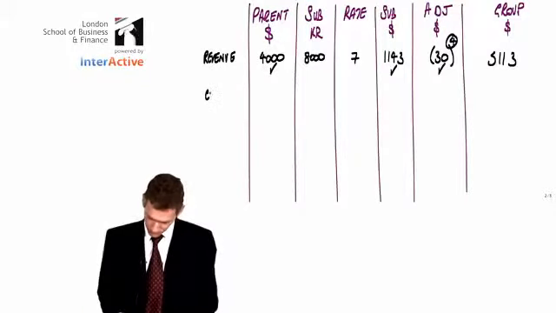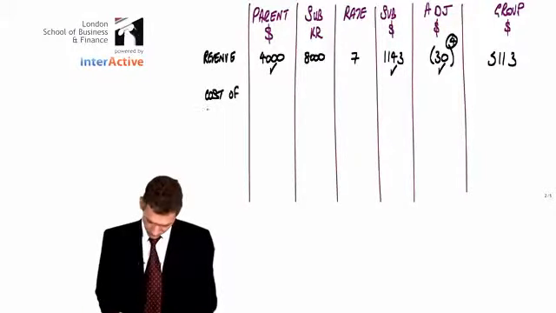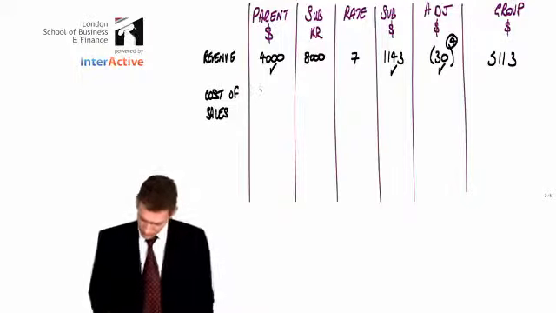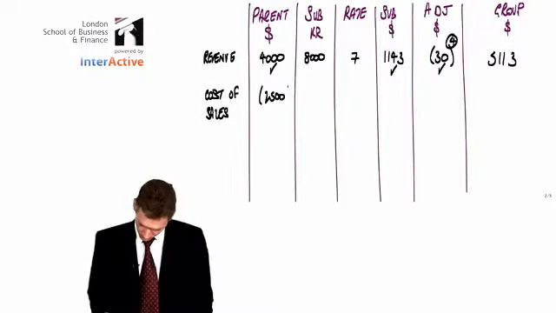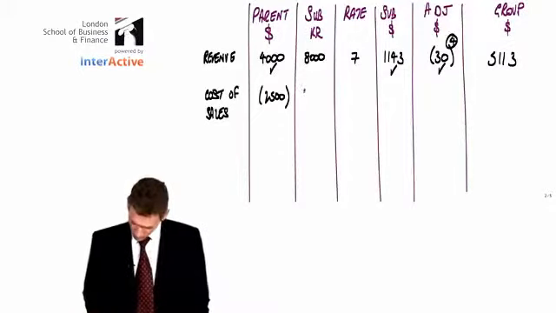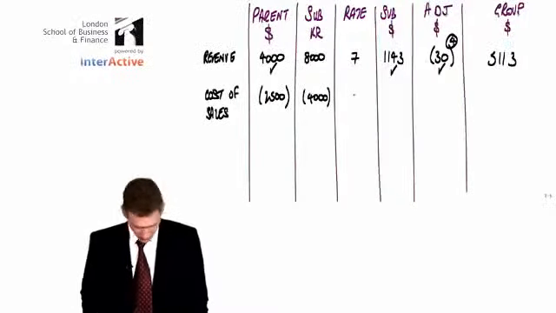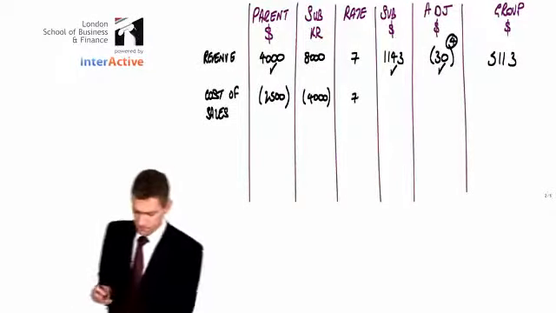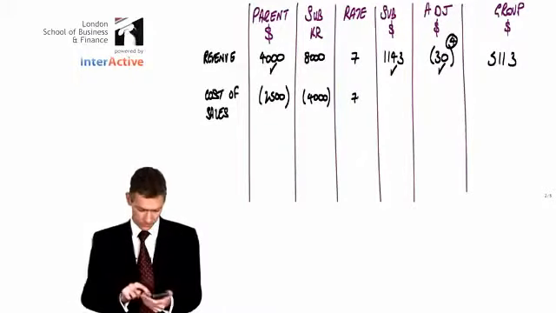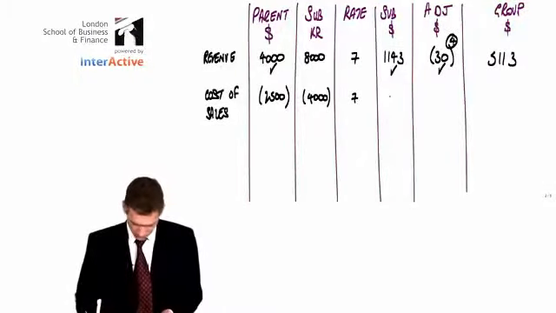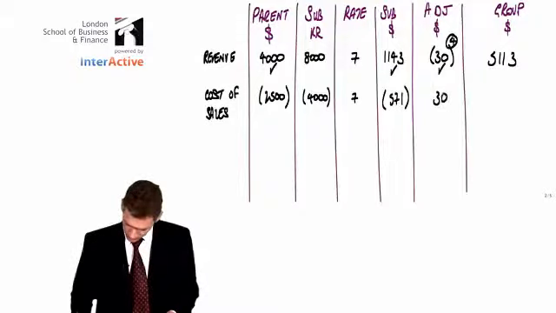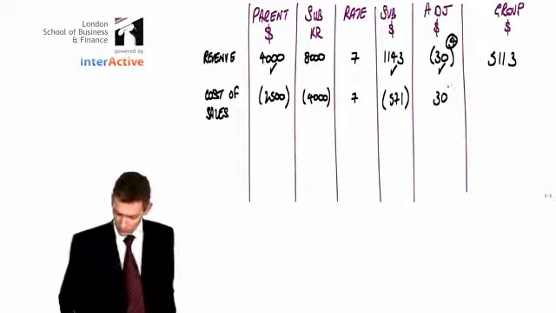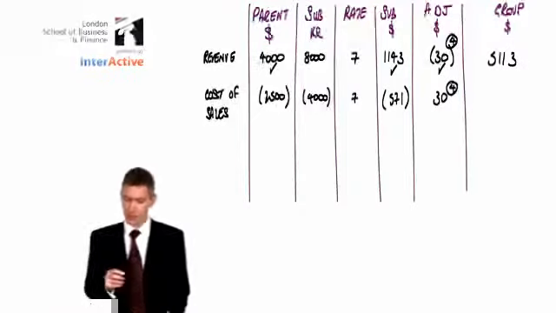Cost of sales next. Cost of sales 2,500. $4,000. Going to divide that by 7. And then we've also got the left hand, right hand of 30 from paragraph 4, the internal transfer of 30.